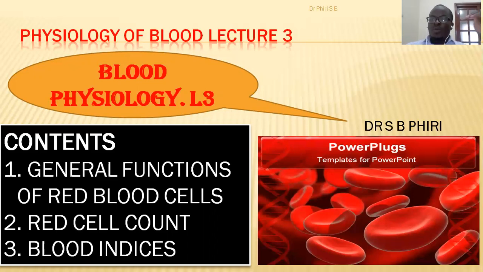This common myeloid progenitor cell is capable of differentiating into different types of cells, so it can give rise to granulocytes, the white blood cells with granules: the neutrophils, the basophils, and the eosinophils.